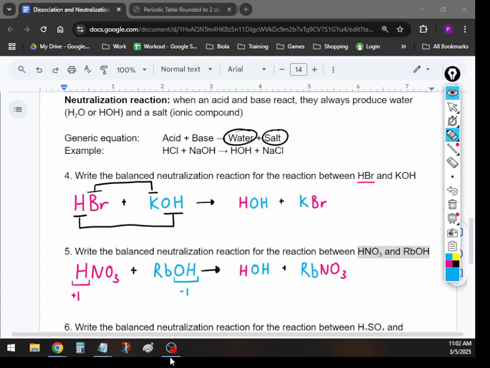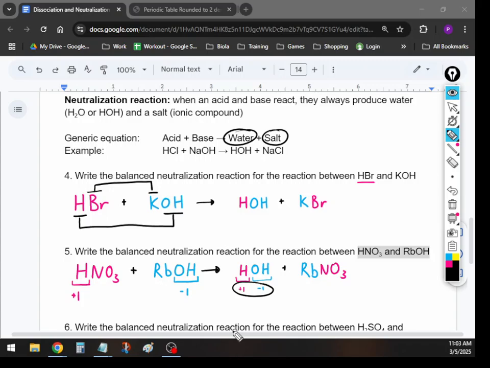Just keep that in mind. The hydrogen from an acid is always +1, and the OH from a base is always -1. This is going to make sense because if we put them together in water, the +1 from the hydrogen is going to balance out the -1 from the OH, and that's how they balance each other out here.